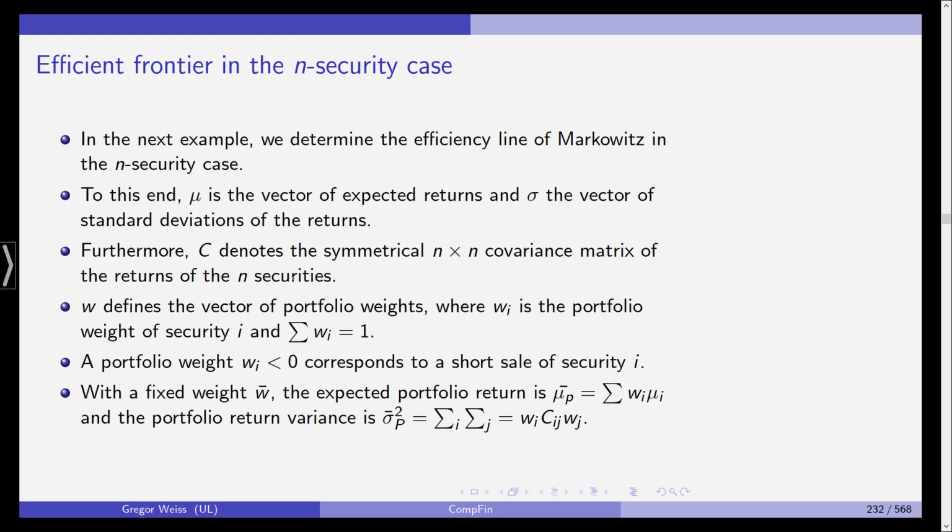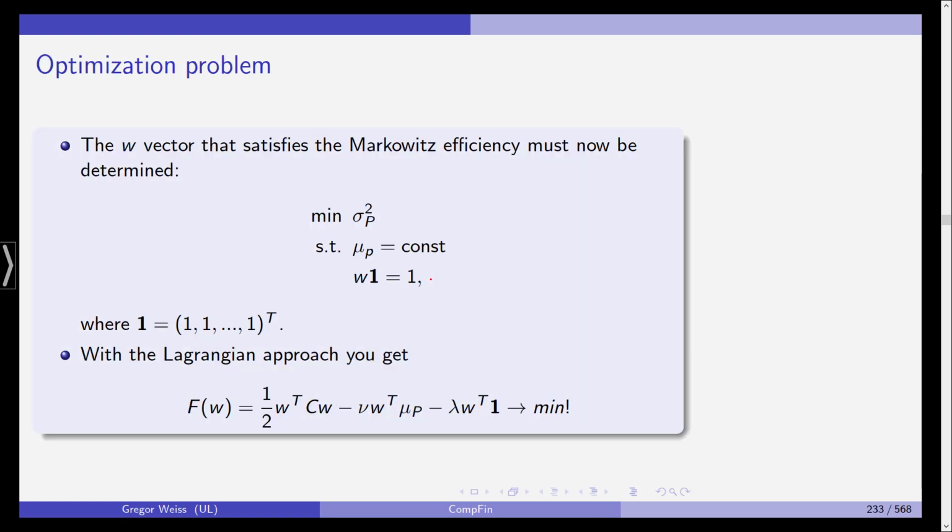Now, with fixed weights, the expected portfolio return is mu p bar and the variance is sigma squared p bar. Again, you remember this, you simply need to calculate the expected value and the variance of a linear function in several random variables. So the weight vector that satisfies the Markowitz efficiency must now be determined.